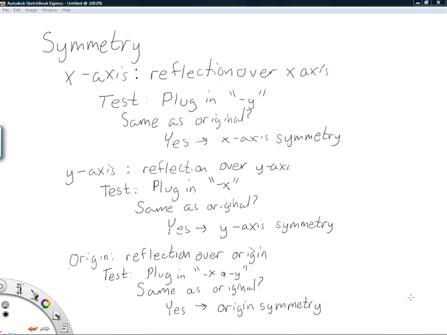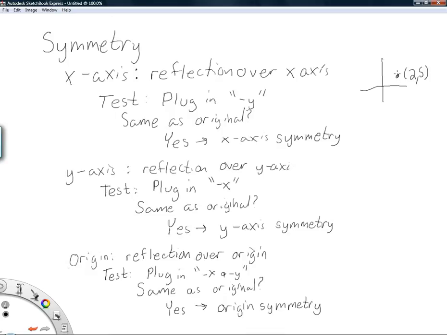Why you plug in each one of these is confusing for many students. For x-axis symmetry, for example, if I make a quick sketch here, let's suppose that you have the point (2, 5).